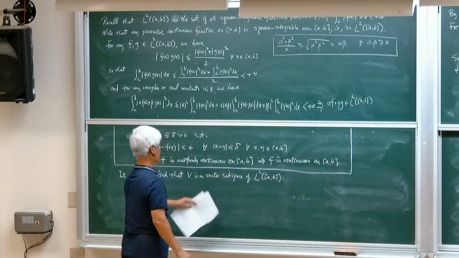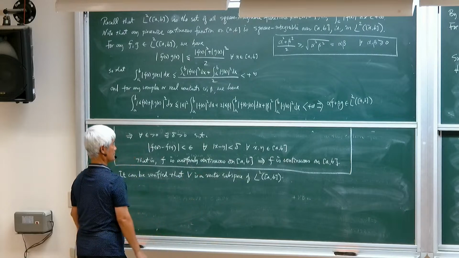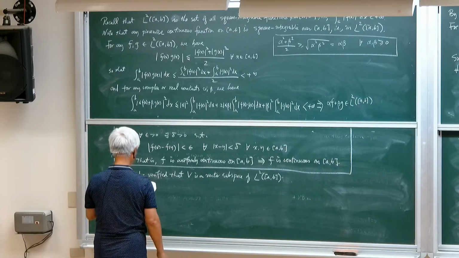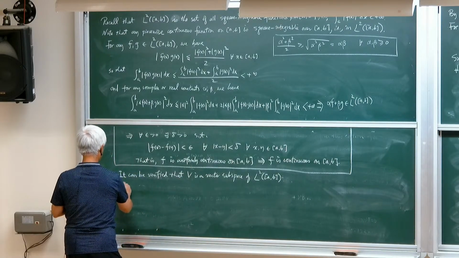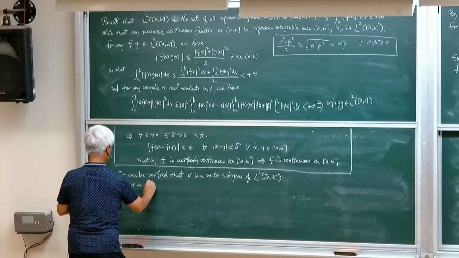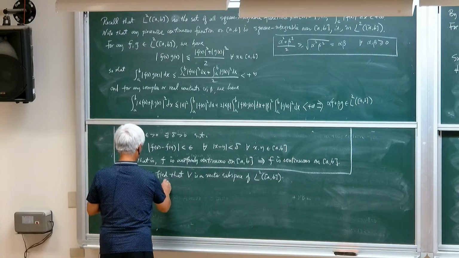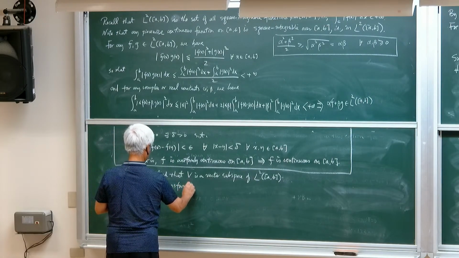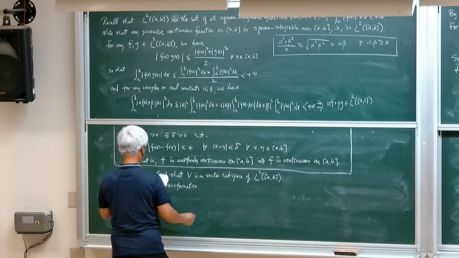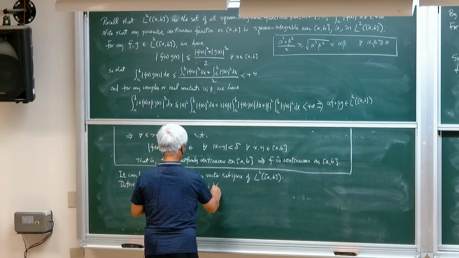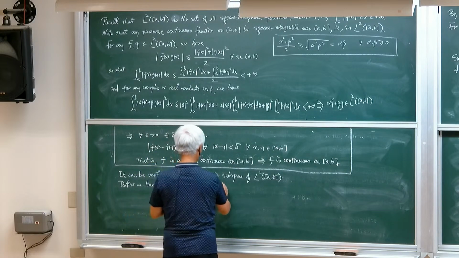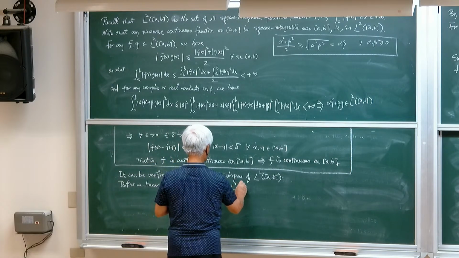Now we define a linear transformation L from V, from this vector subspace, to the L2 space.